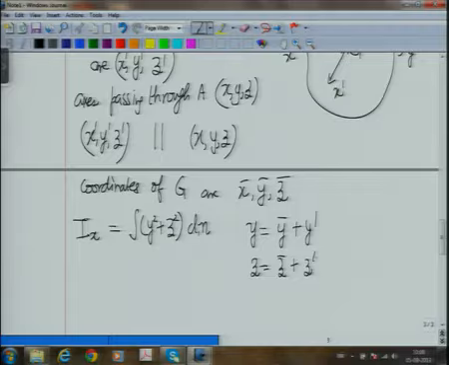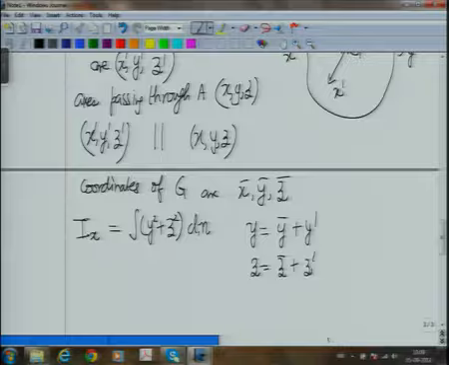Because y is the coordinate of the point from A. I first go to G, and from G I go to the point P, whose coordinates are x, y, z.